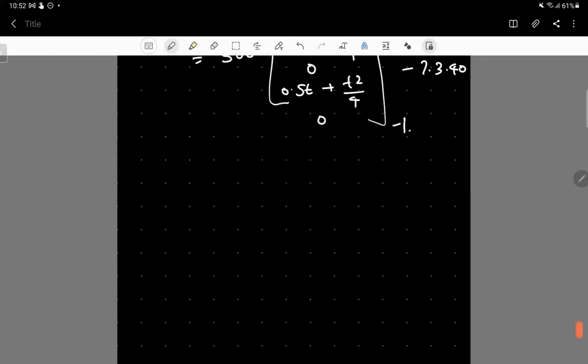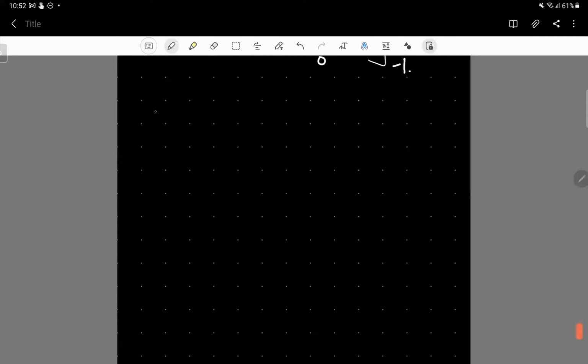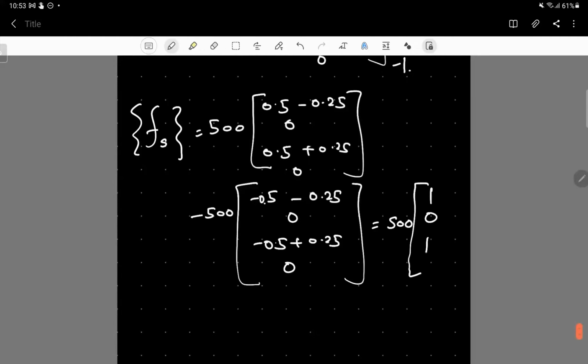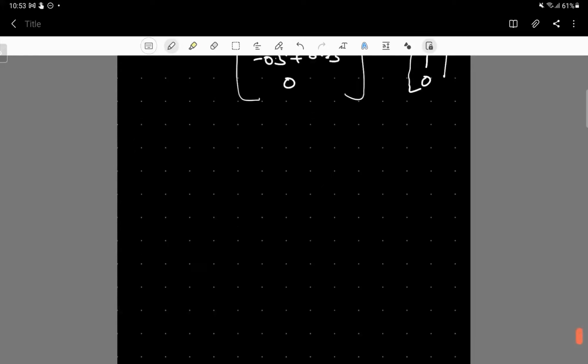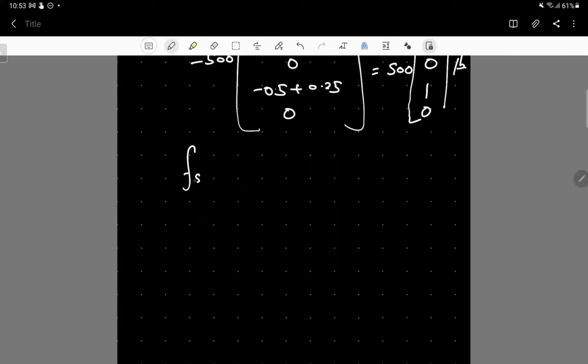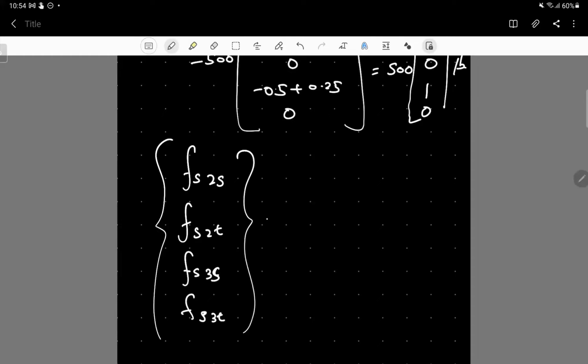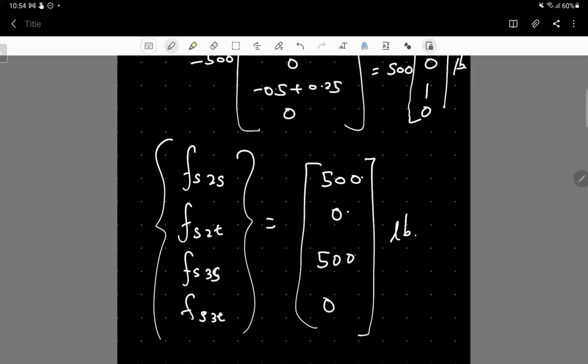The next final step is to evaluate this integral. In the explicit form, the surface forces corresponding to the second node and the third node are equal to 500, 0, 500, 0, once we do the transformation.